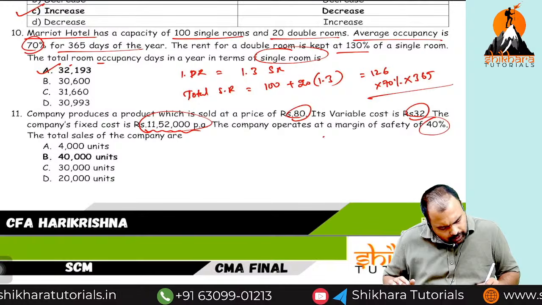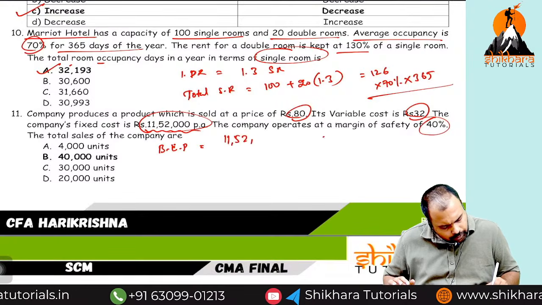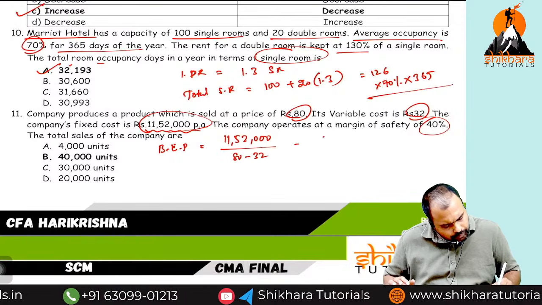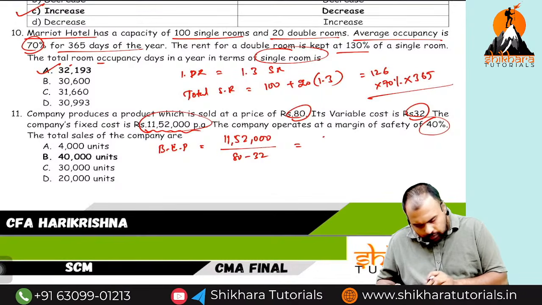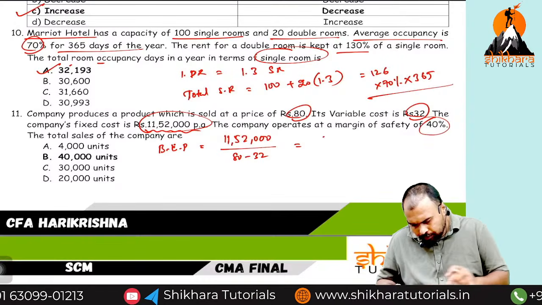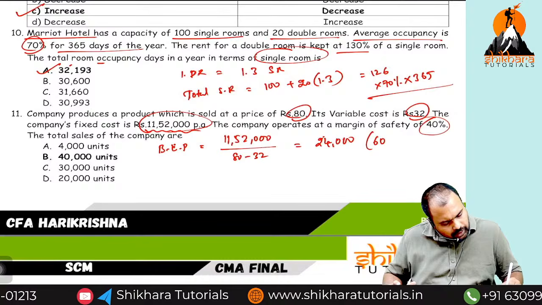So, what is the break-even point in units? 11,52,000 divided by 80 minus 32, which is 11,52,000 divided by 48, that is 24,000. Sir, and these 24,000 units lead to 60% of sales.